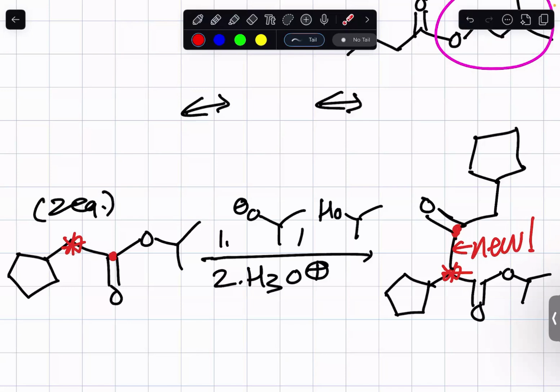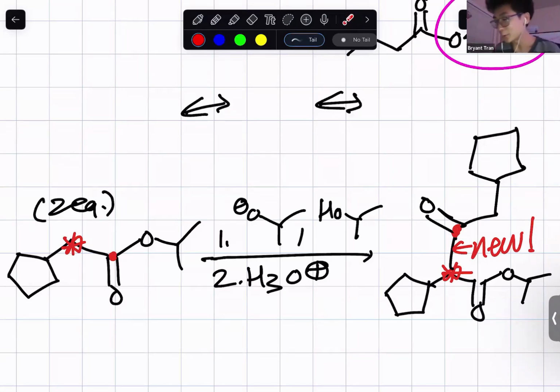Oh my god, I did the arrow to the dot, but I added the bond to the star. Yeah, that was where you went wrong right there. Oh, okay, I see it now. Once you get that tetrahedral intermediate, that's when we kick out the OR group, and then it goes back for vengeance, and then we protonate it at the end. Oh, okay. That's good.